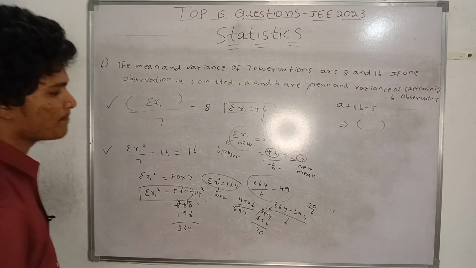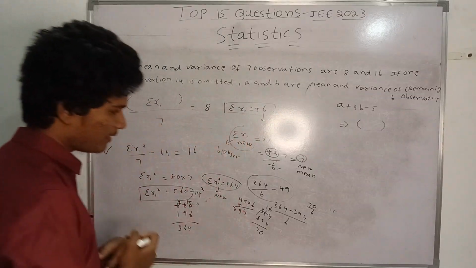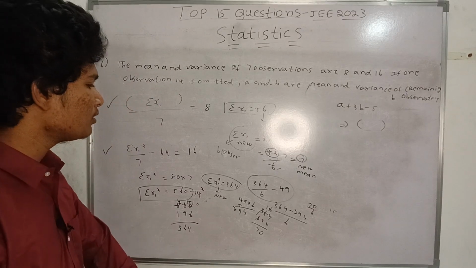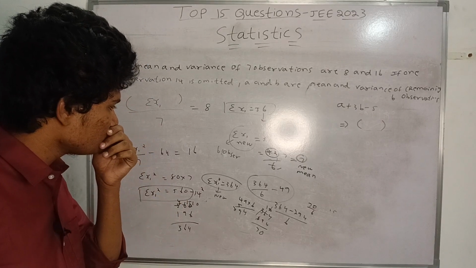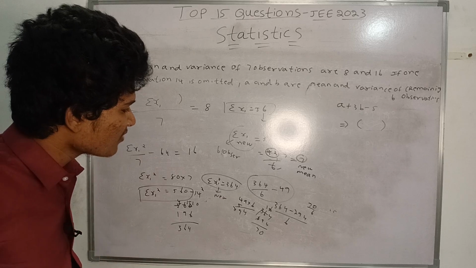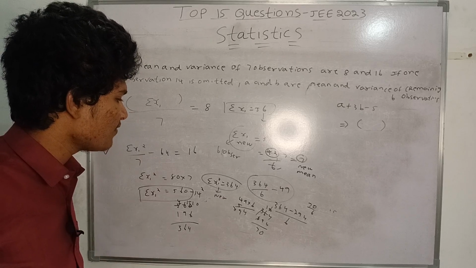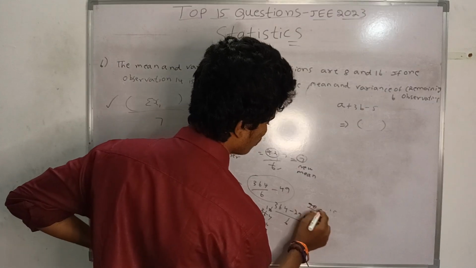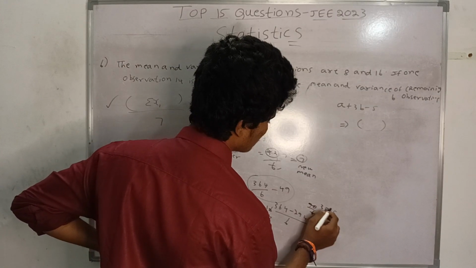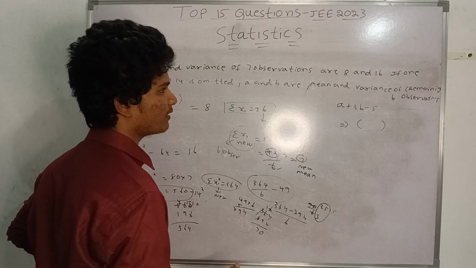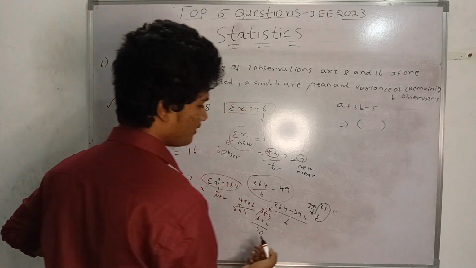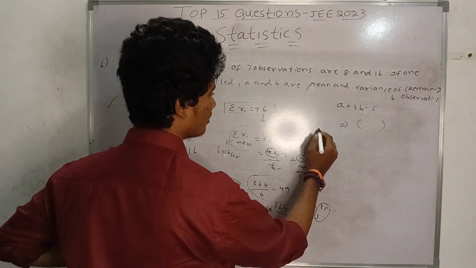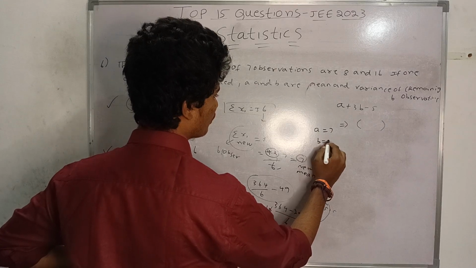Is this correct? 70 only? Yes, it is correct. And 2 3s are 6, so it is 35 divided by 3. So here A is the new mean, that is A equal to 7, B equal to 35 by 3.